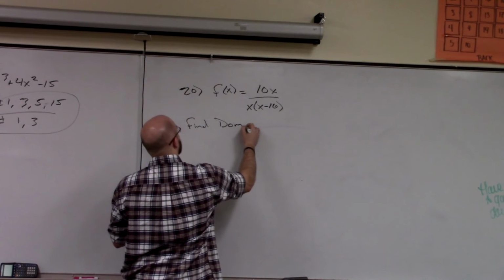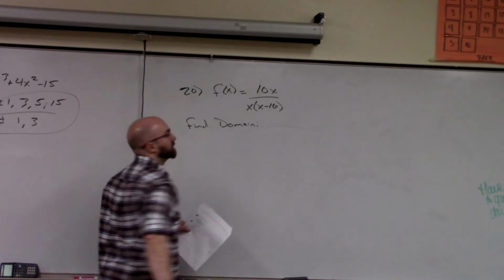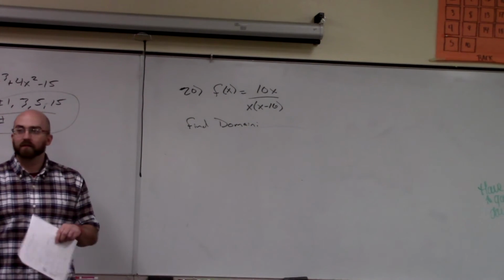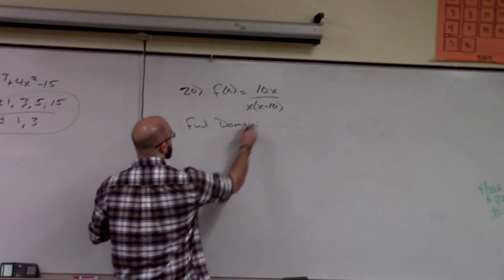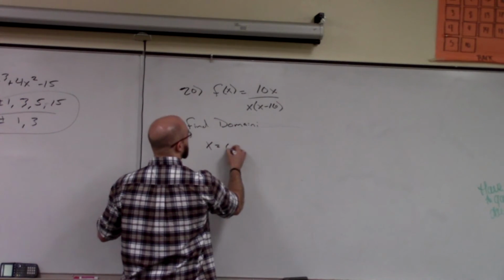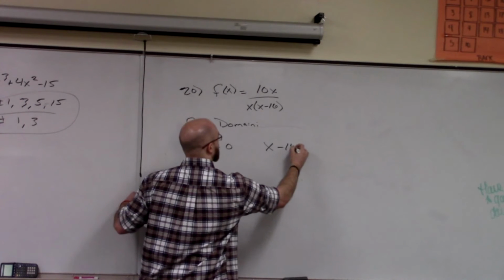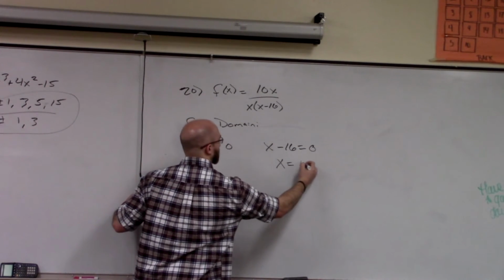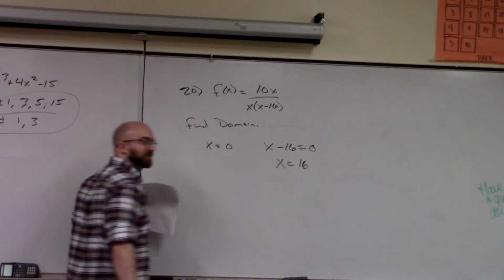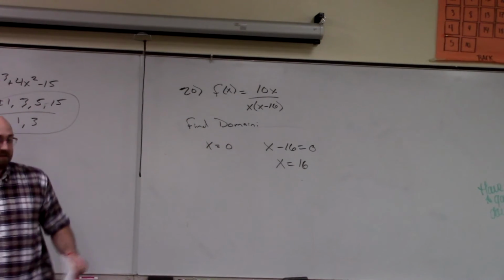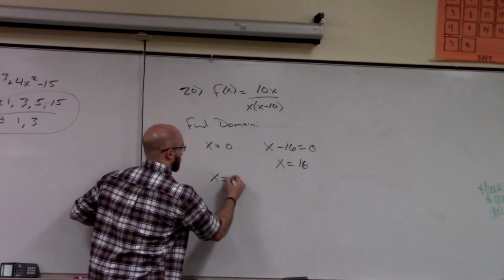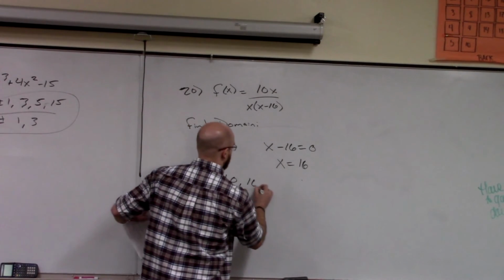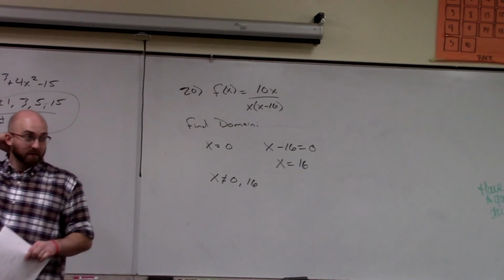Find the domain, right? What do you do? Set the bottom equal to 0, so you need to set each term equal to 0. X cannot be those two. I don't understand why you set both.